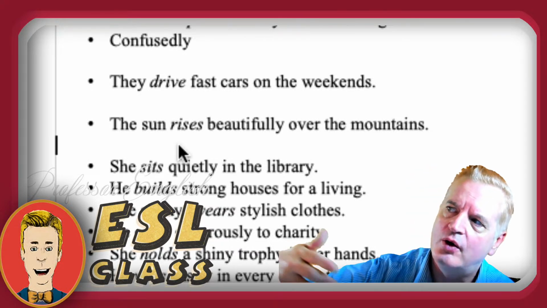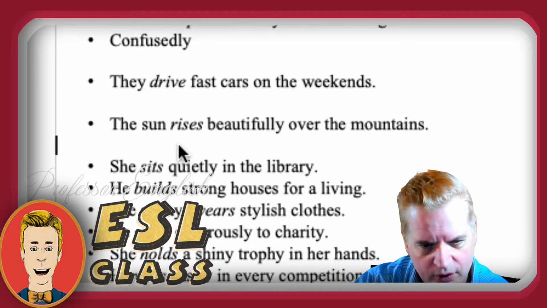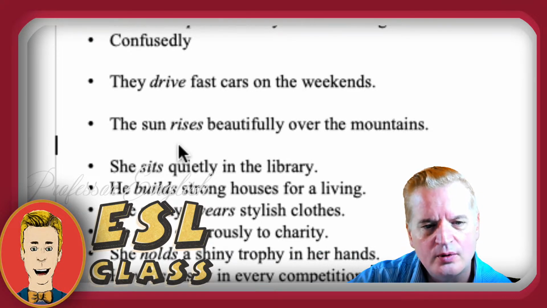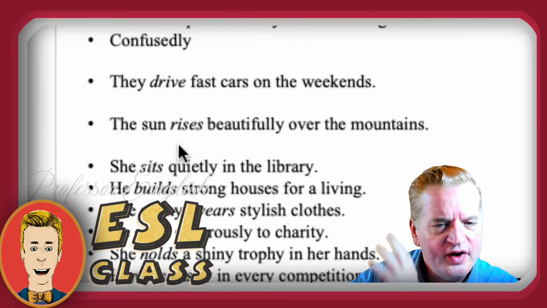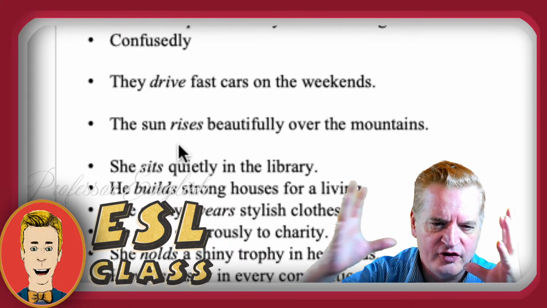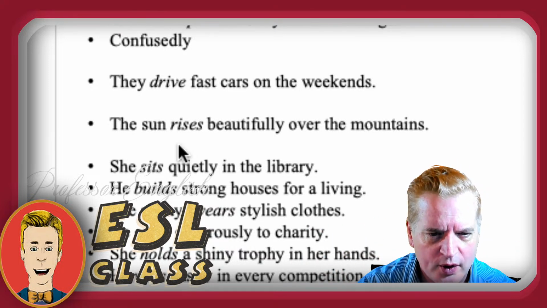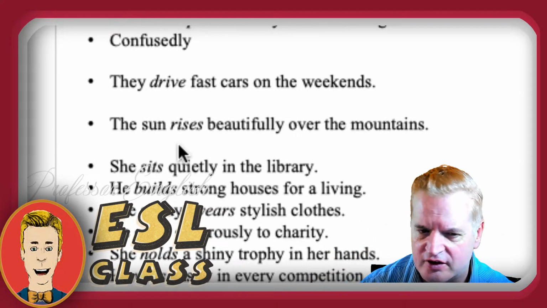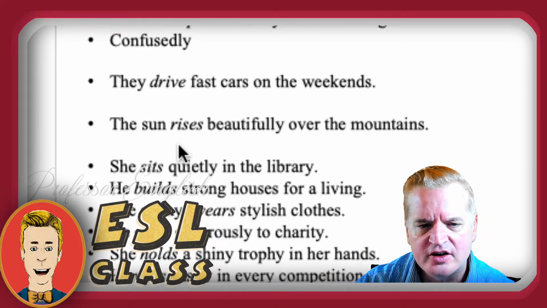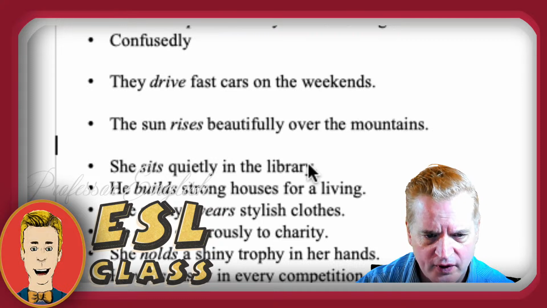Let's say over the ocean. The sun rises beautifully over the ocean. That is our focus word. Every sentence in English has a focus word. This is a way to reduce your accent very much. The sun rises beautifully over the mountains.